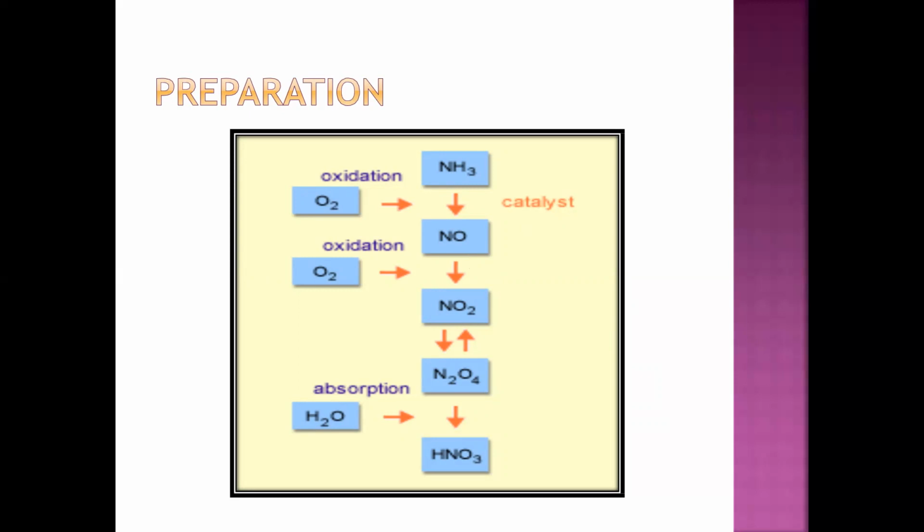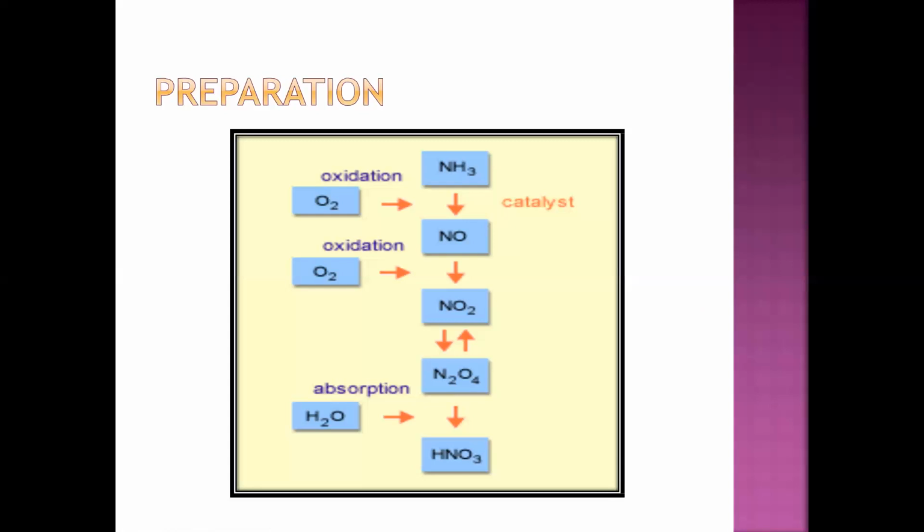After that, this nitrogen monoxide reacts with oxygen to form nitrogen dioxide and then N2O4. After that, absorption takes place. What is absorption? When H2O mixes with N2O4, you obtain nitric acid. So this is the stepwise formation of nitric acid.